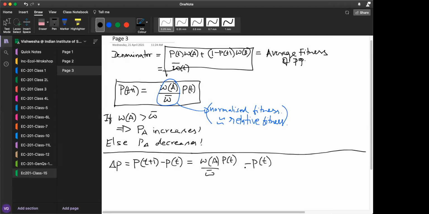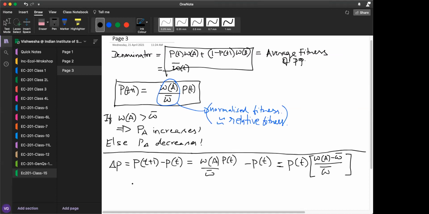So we can take P of t as a common factor here. So we have P of t, and then the denominator will be omega bar, which is the average population fitness. And then what we have is omega A minus omega bar. Is that correct?